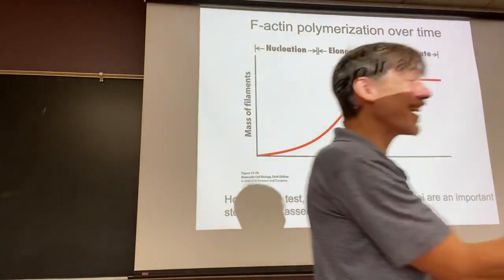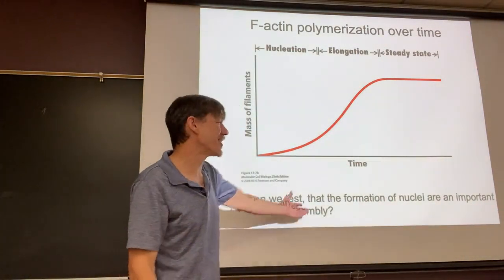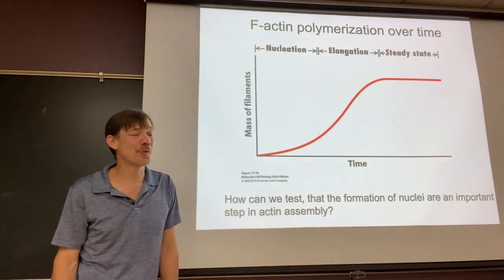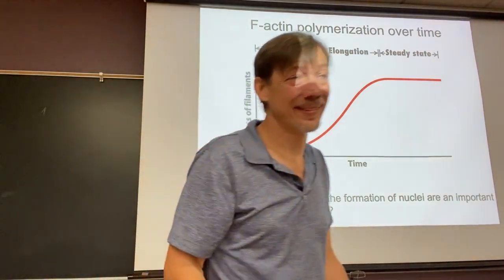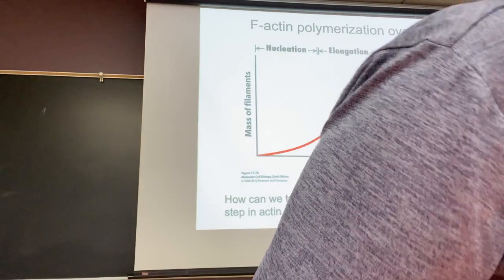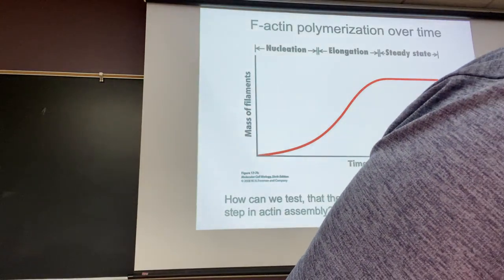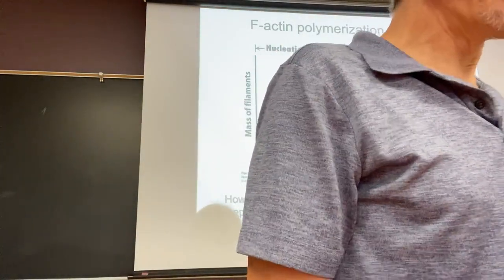Exactly, yes. Okay, so we want to see if the nuclei are important. How would we test if the nuclei are important? Yeah, go ahead. Maybe have one without a nuclei and one with a nuclei and see what is different.